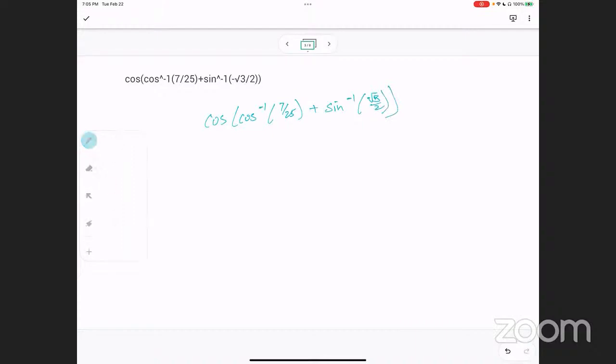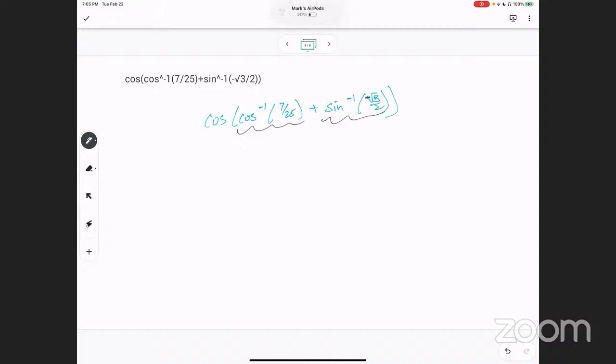Okay, well, we can find both of these. That's the angle whose cosine is 7/25, and this one right here we know, right? Sine is the y.